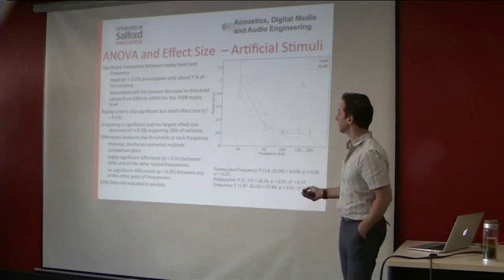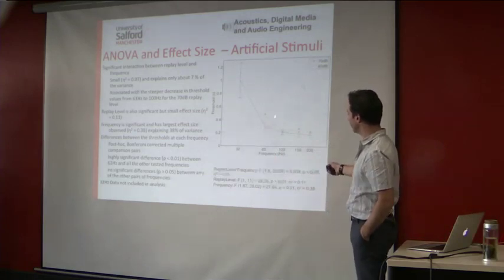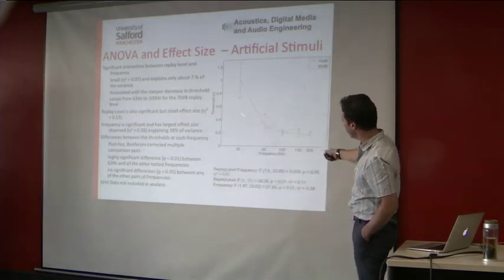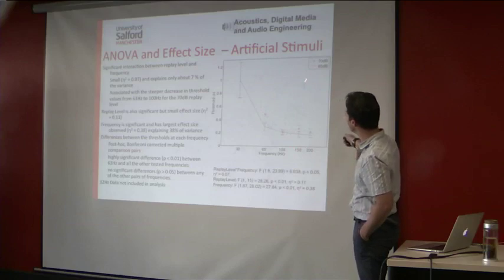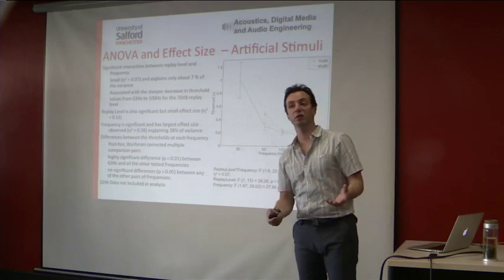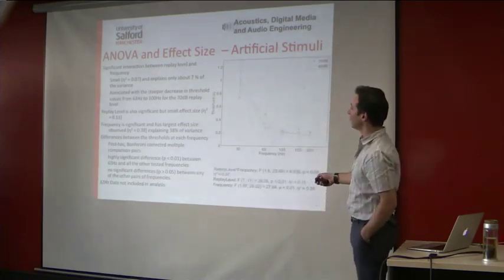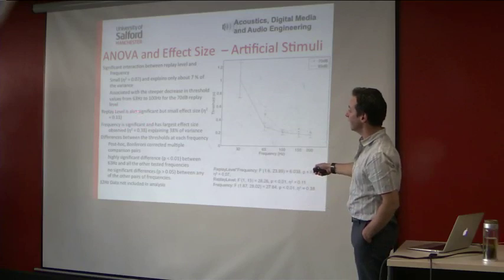Now, in terms of stats, if you do the analysis of variances between, say, the frequency points or the different levels at which we've measured, you can see the 2 lines here, then we can find whether they were significant or not and how big an effect size that had. So, for instance, we can see that replay level is significant.